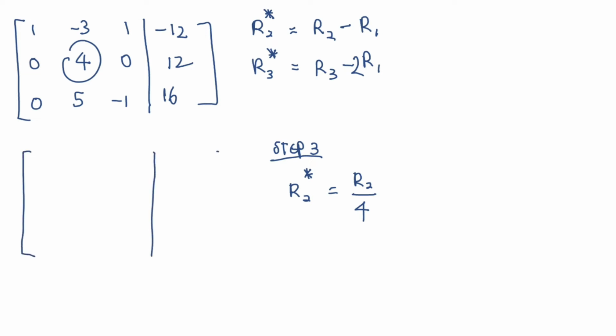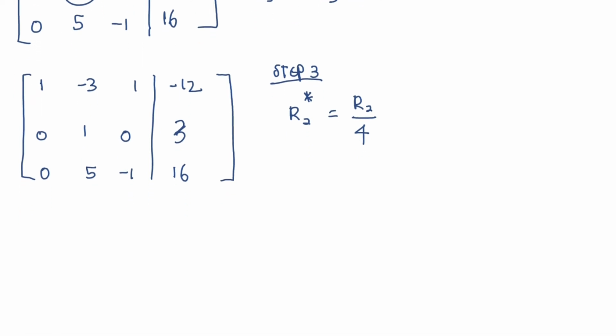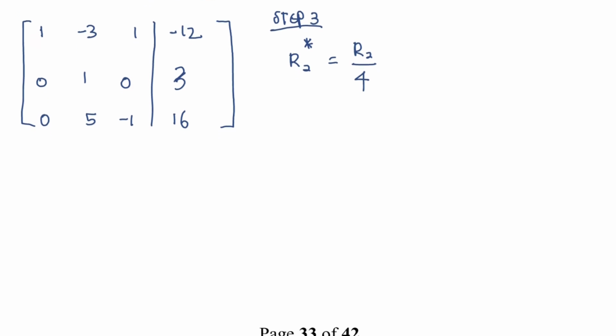Then you will get everything here: 1, -3, 1, -12. 0, 5, -1, 16, 0, 1, 0, and here is 3. Understand? Then we move to step 4.